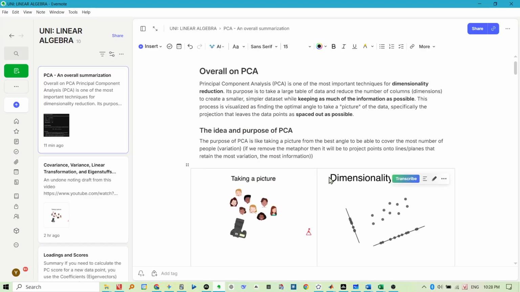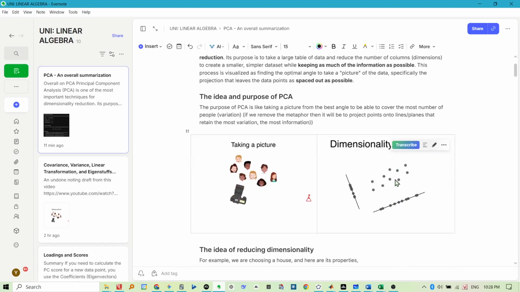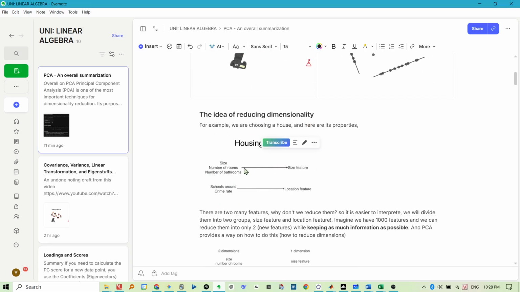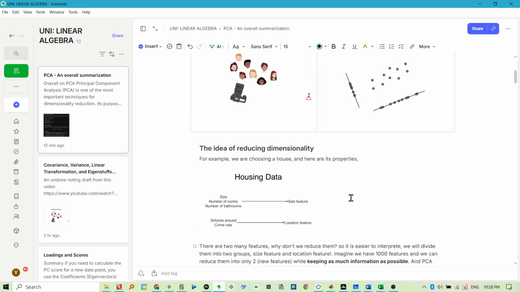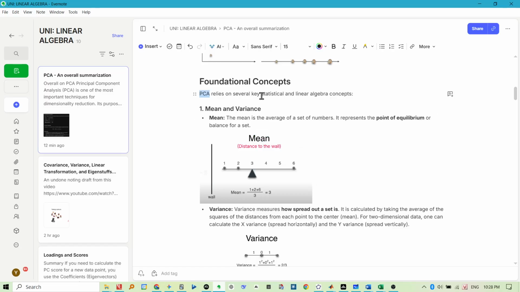PCA is just like taking a very large piece of data and reducing its complexity by creating new criteria to evaluate that data. We group the original features into bigger, more general features like this, and we retain as much of the information as possible. That's the whole idea behind PCA.